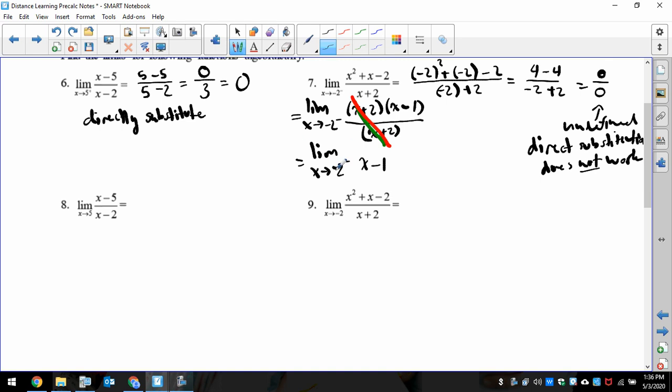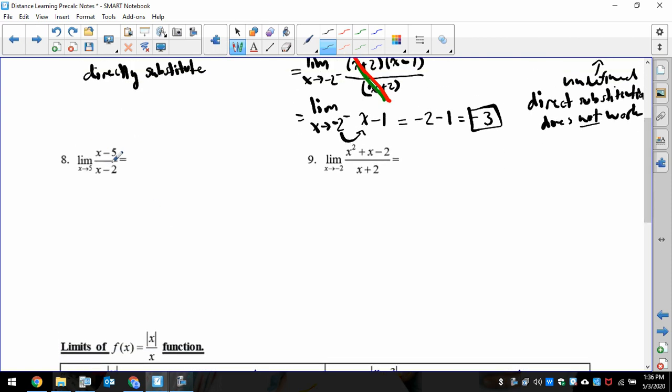The limit will stay here until we've directly substituted. So let's try to directly substitute now. So after you've canceled something, this was the problem. As soon as we cancel that problem and try to plug in the -2, we're going to get -3. All right, so that's the answer. So you can't use direct substitution here until you factor and cancel.